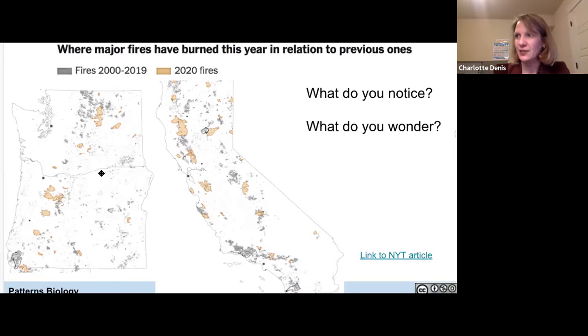The gray represents fires over a 20-year period, and the orange represents the fires in 2020. So it's not just a question of how many fires, but the size of each one, and cumulative fire-affected areas over that 20-year period.